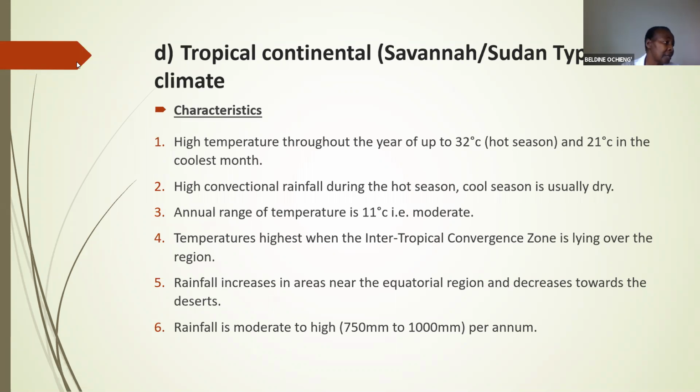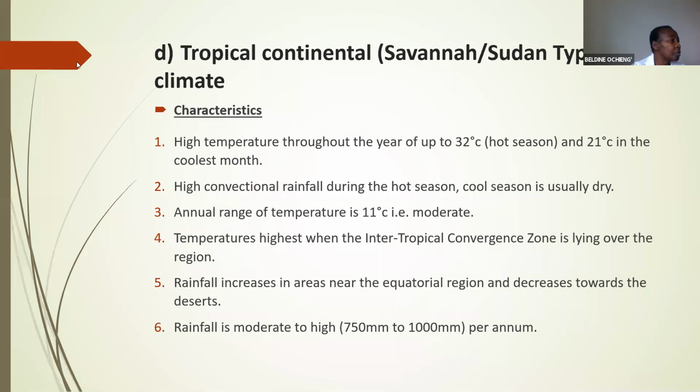The characteristics include high temperatures throughout the year of up to 32. That is hot. And 21 degrees in the coolest month. Hot season, it goes up to 32 degrees Celsius, but the coolest month it is dropping to 21 degrees.